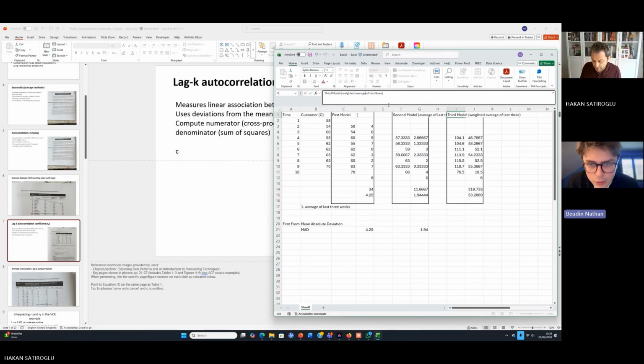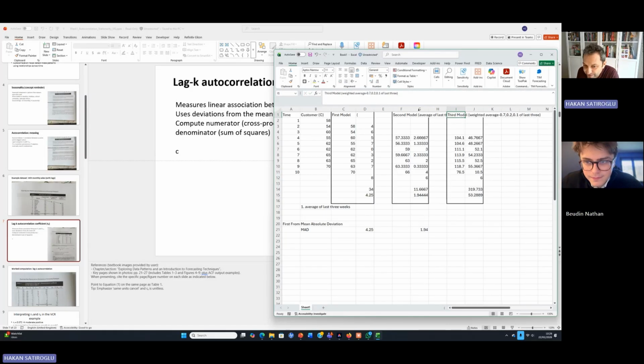I forgot. Weighted average: 70, 70, 20, 10. So this is 319, and we are going to divide.